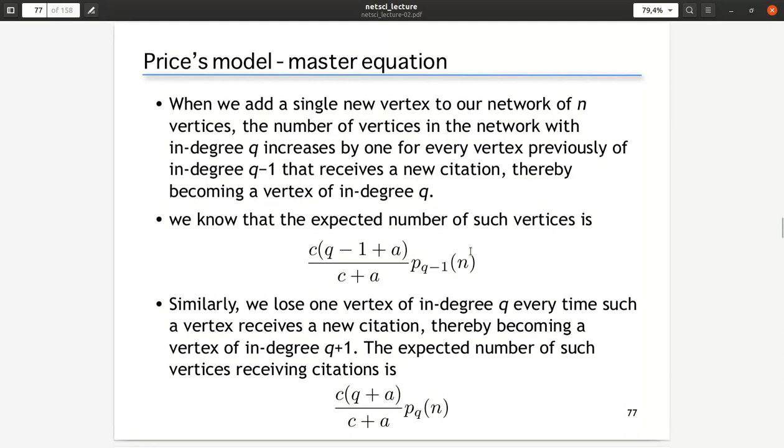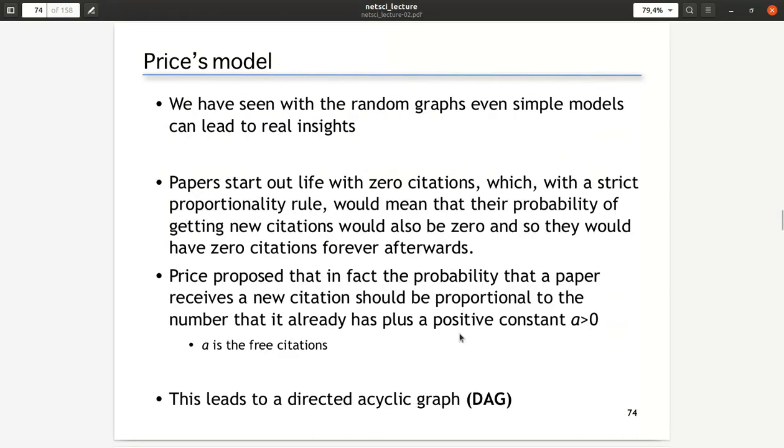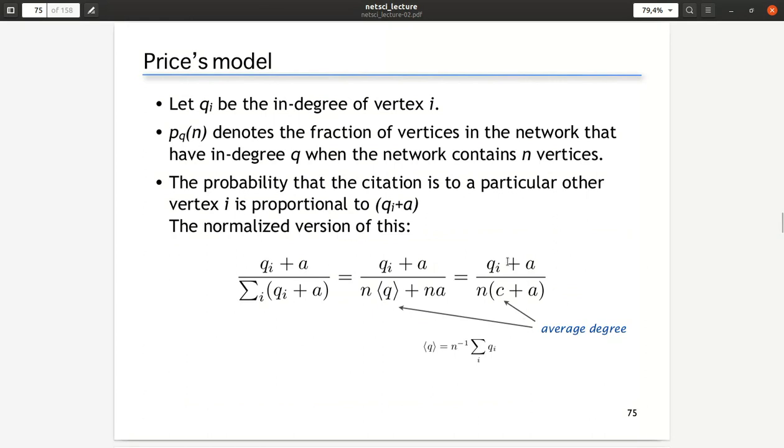So the expected number of such vertices which had earlier q minus 1 in-degrees, so q minus 1 citations, then now with this addition, some of them will be having q citations. We know from the previous slide that the number of them is equal to this expression. Just get back here, and then you will see.